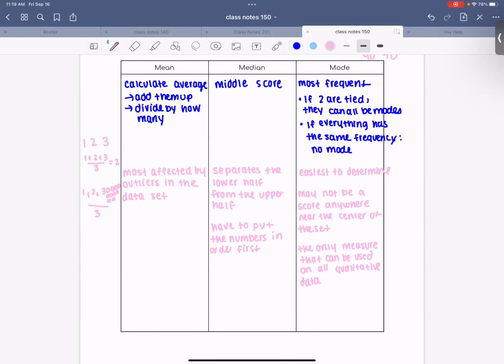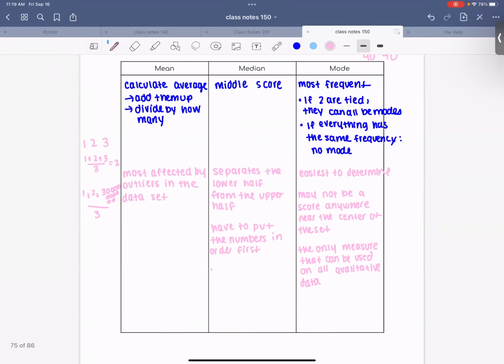I think I worded it a little bit weird, but I would put "not dependent on all the values of a data set" under the median. Any questions on these properties?